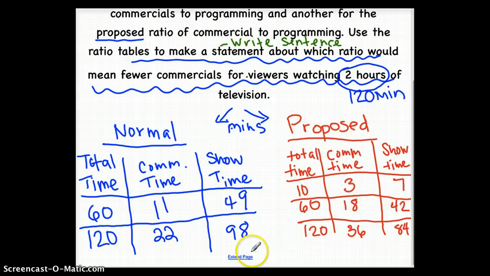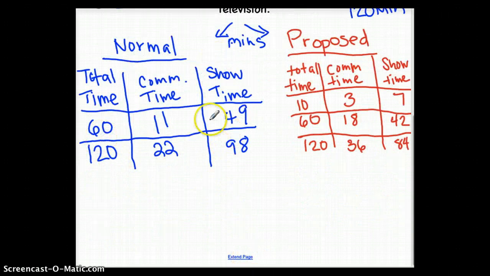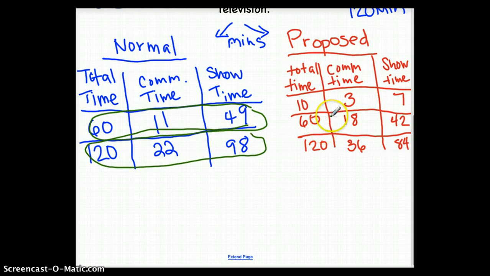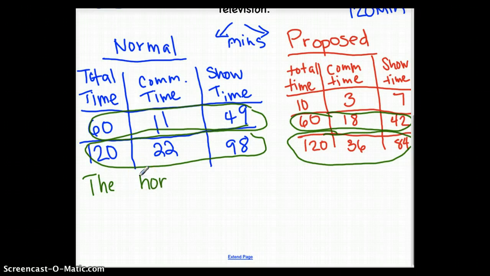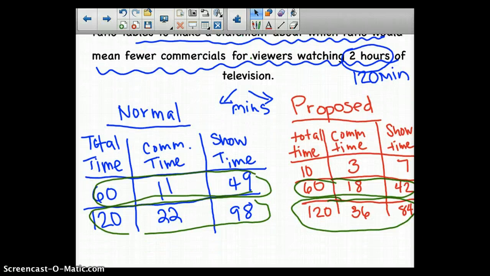Okay, so let's write a sentence based on what we know. We obviously know that the normal time is much better ratio than the proposed. Okay, so let's write a sentence. The normal way, that's an N. Okay, I'm going to type this.